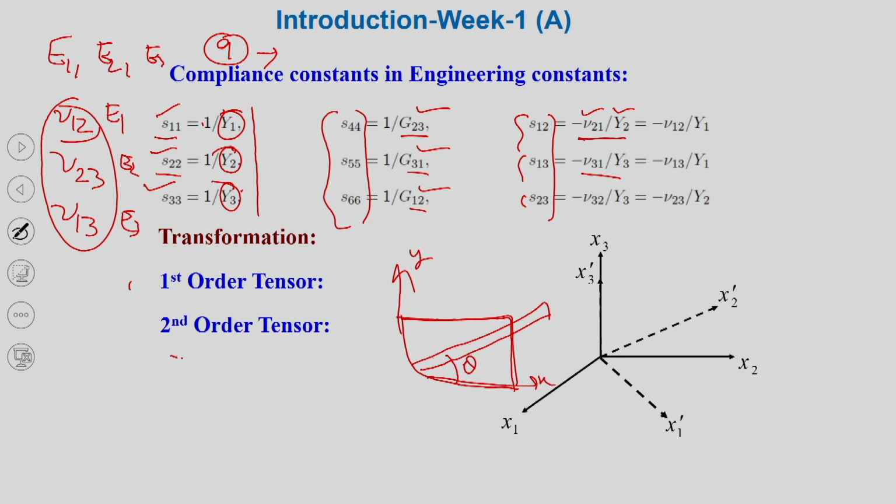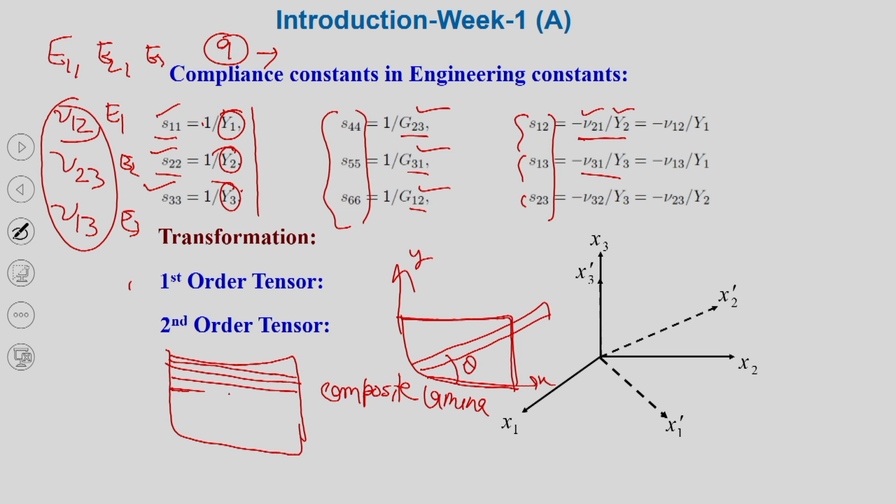Or a very suitable example is, let us say, a composite lamina. Here fibers are aligned like this, parallel to the sheet x axis. There is no angle.